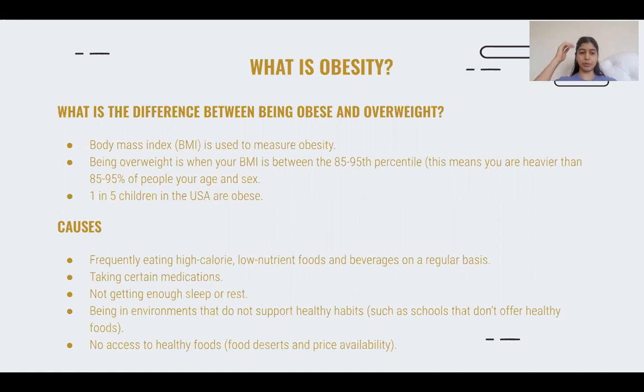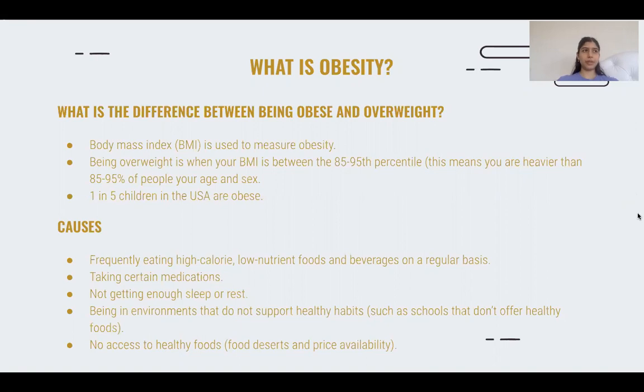So causes of obesity include eating high calorie, low nutrient foods and beverages on a regular basis. Certain medications can make you more prone to becoming obese. Not getting enough sleep or rest, and being in environments that do not support healthy habits.